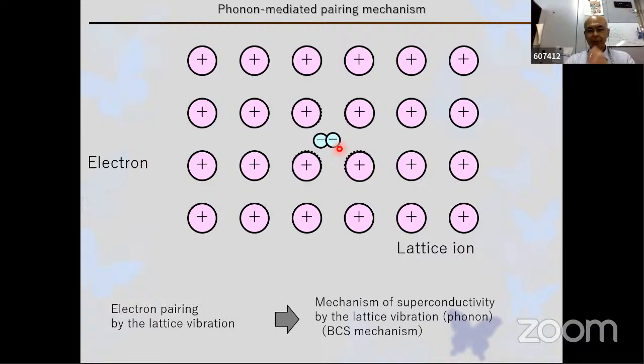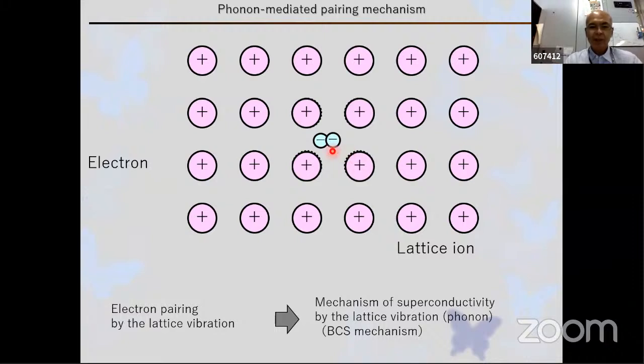Then from outside, these two electrons seem to be coupled via just the motion of the atom. The motion of the atom we call a phonon. So that means a phonon-mediated coupling we can see from outside: two electrons seem to be coupled together via the phonon.